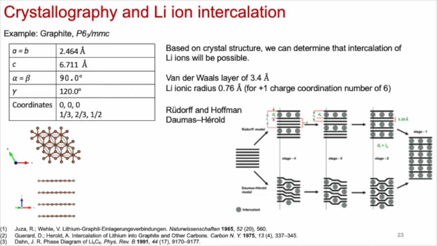And then we can look up the ionic radius of lithium as well as of sodium. So not the metal, but the ion itself. And we look at the charge for a coordination number of 6. And how do we know it's 6?